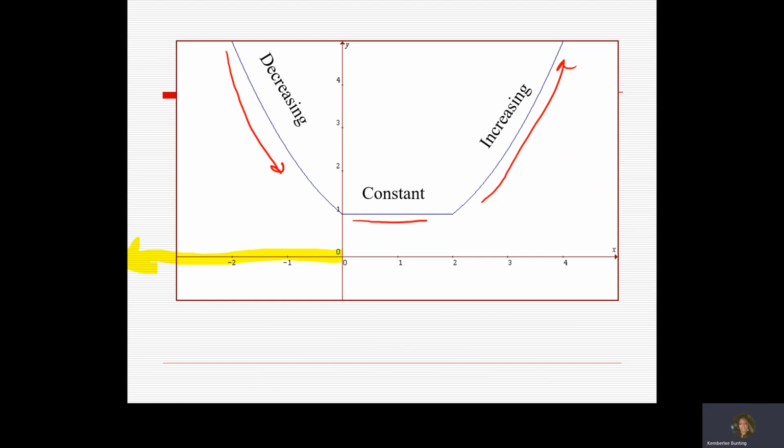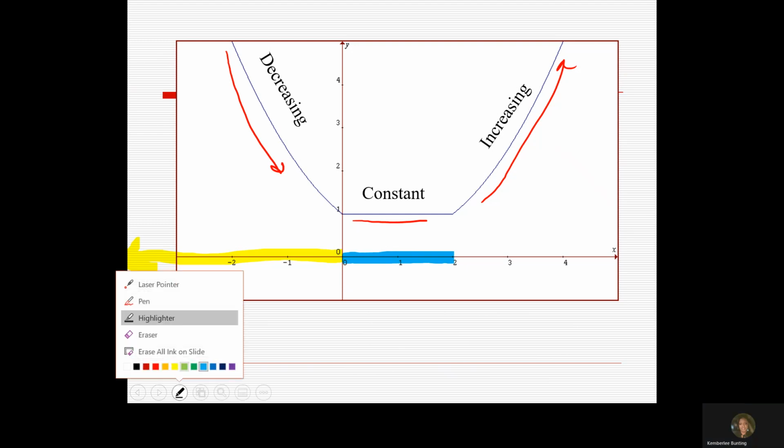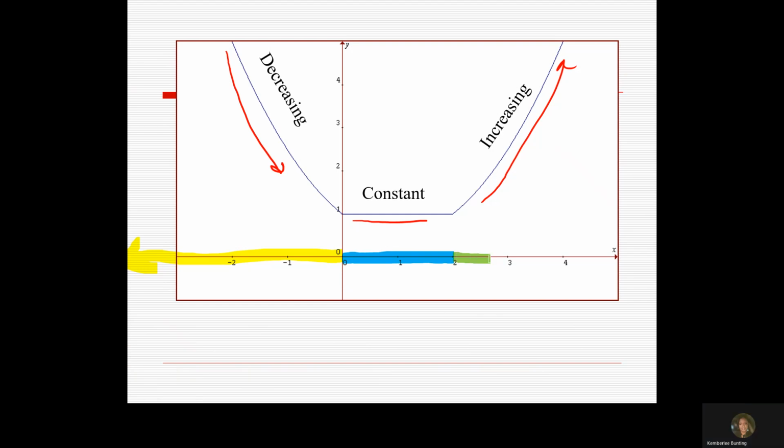From negative infinity all the way over to 0, my function is decreasing. From 0 to 2, my function is constant. And from 2 to positive infinity, my function is increasing. Simply put, this is how I would write it out.